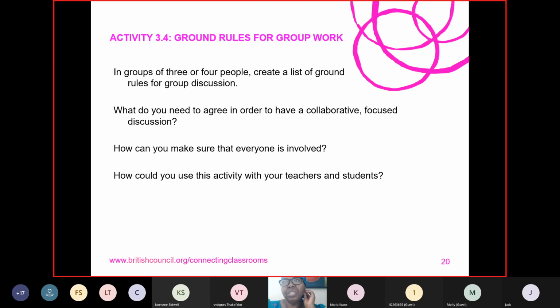As principals, when you have group discussions or staff meetings, it is very important that by the end of that meeting, you have heard and listened to all the views that are raised by the staff. If one is silent, don't assume that he or she has nothing to say. You rather pose a question to that person.